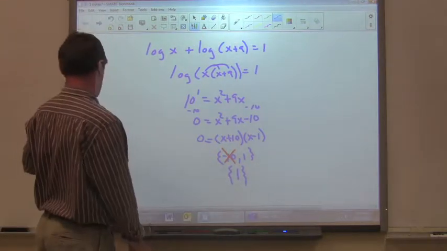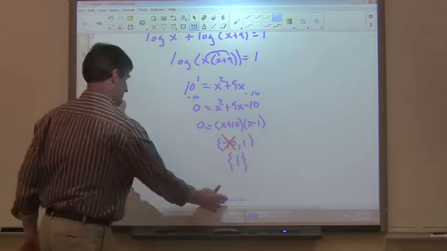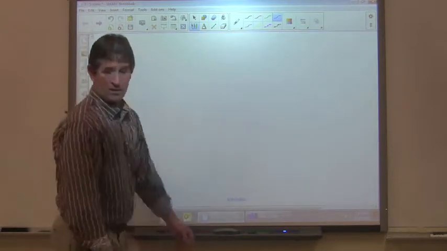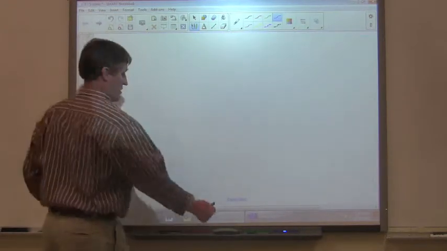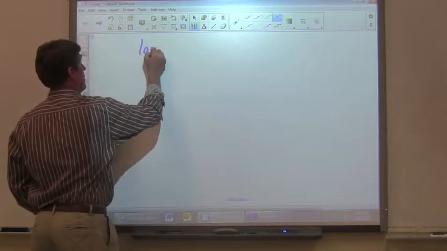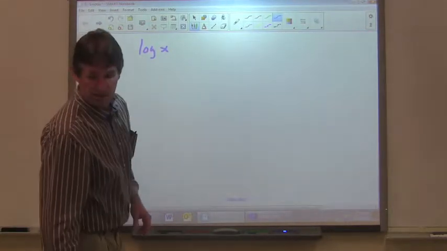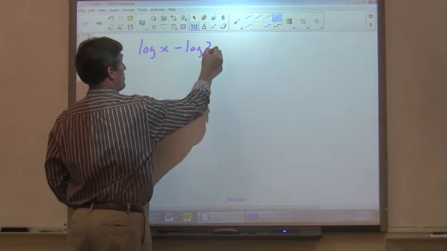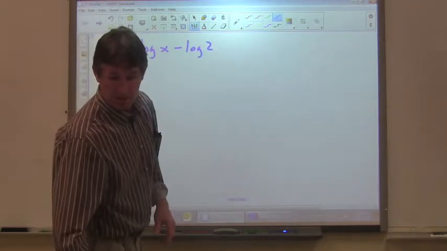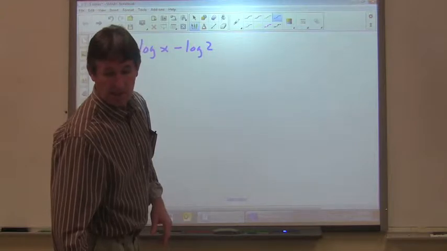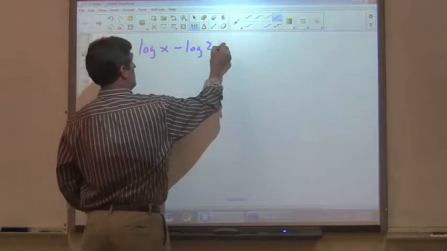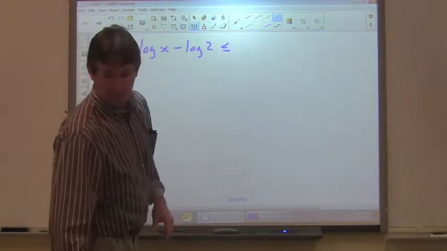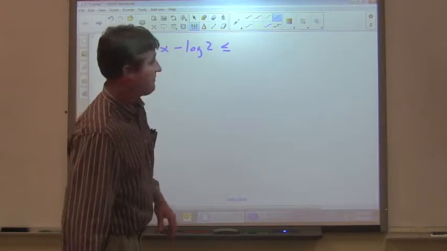And one more example. Log x minus log 2 is less than or equal to log 75.